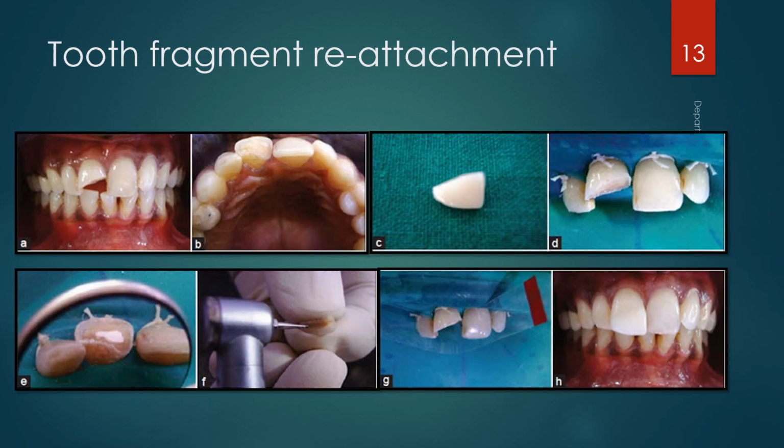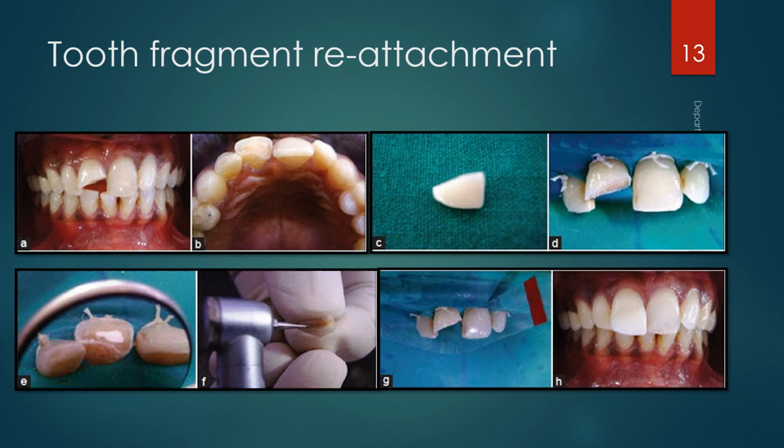Okay, so this is taken from literature where the tooth fragment reattachment procedure has been shown. Picture A is where the tooth has fractured, and in picture B you see the enamel has fractured and the dentine is visible, and C is the fragmented tooth, and then the rubber dam is put in D and the etching is done.